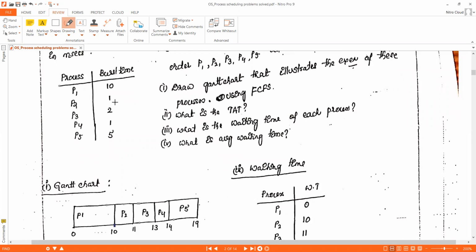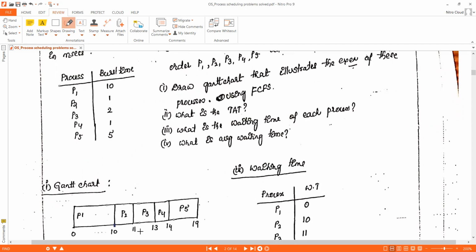Process P2 will get the CPU at clock time 10 milliseconds, and since its burst time is 1 millisecond, it will complete its execution at clock time 11 milliseconds.